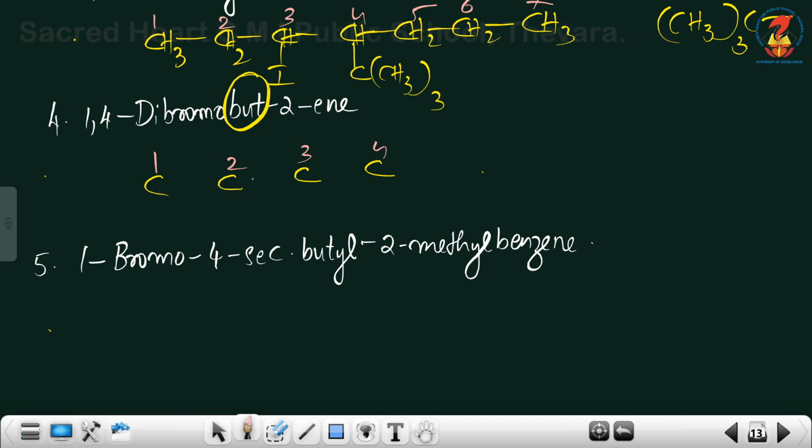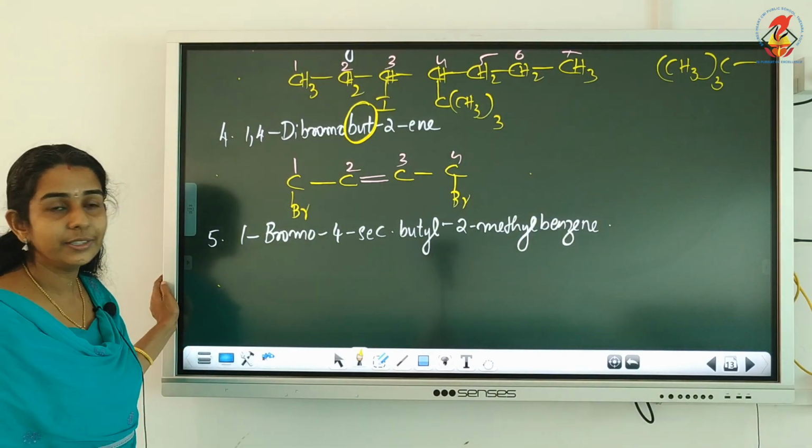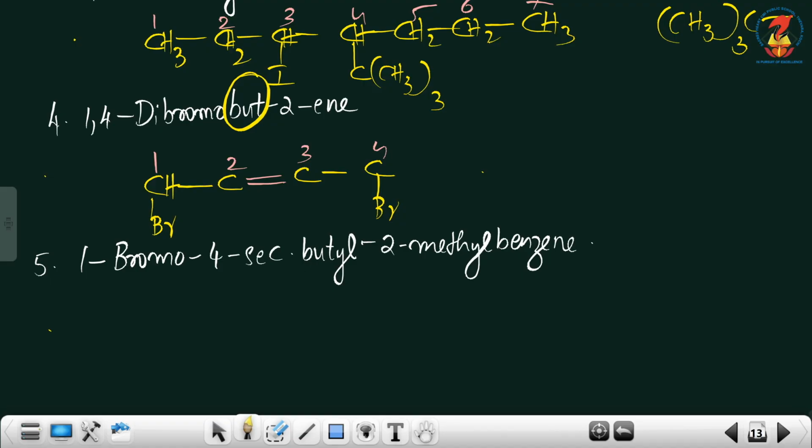It is 2-ene, which means the double bond is between second and third carbon. 1,4-dibromo means on first carbon and on fourth carbon there is a bromine atom. The remaining bonds, no need to specify, it is understood, that means the remaining bonds are single bonds. Add hydrogen: CH2, CH, CH, CH2.